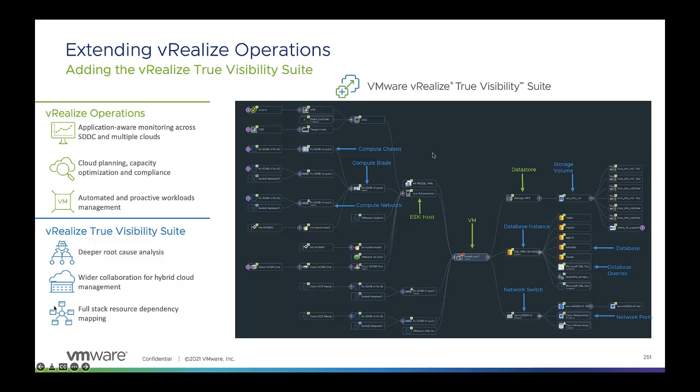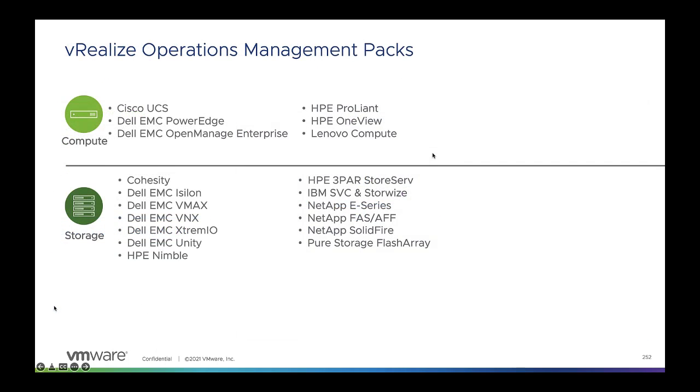So let's talk about what is and is not included in the True Visibility Suite. I did want to bring this up because prior to a change that was made, there were some management packs that were in the True Visibility Suite that are no longer considered a part of this suite, those being the compute and storage management packs that we're looking at now.